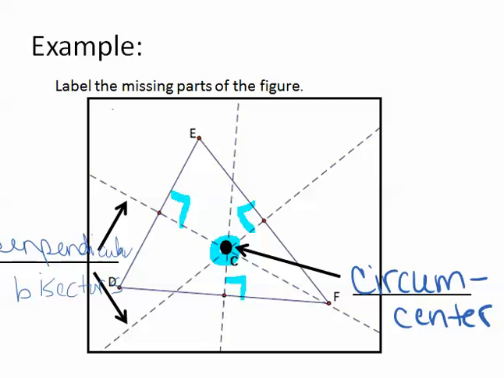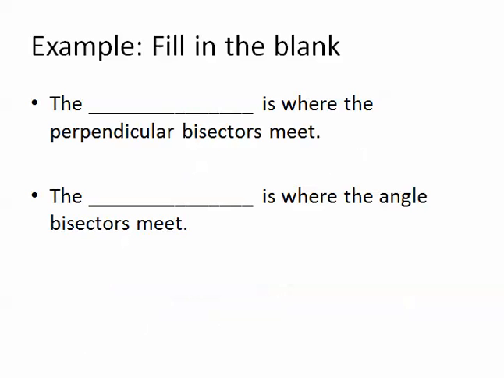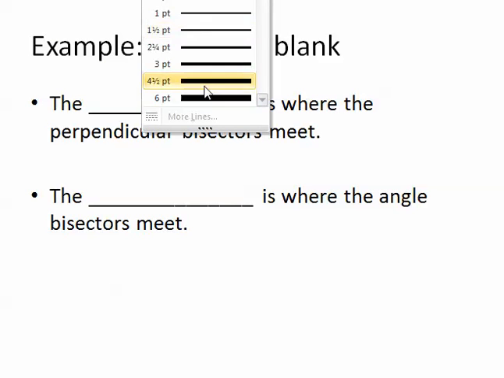I know these words are brand new. You would never use these in common language, so it's very important that you use some kind of note, some kind of graphic organizer, and I'll try to put one together for you to keep track of all of these different items. It says the blank is where the perpendicular bisectors meet. So perpendicular bisectors go with the circumcenter.